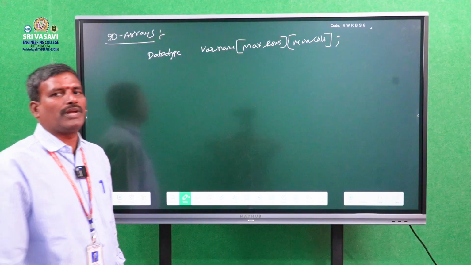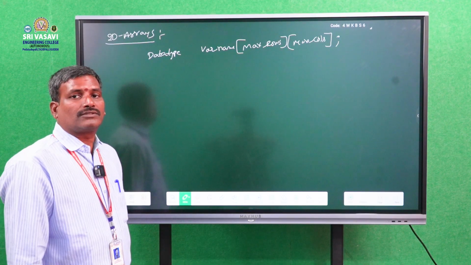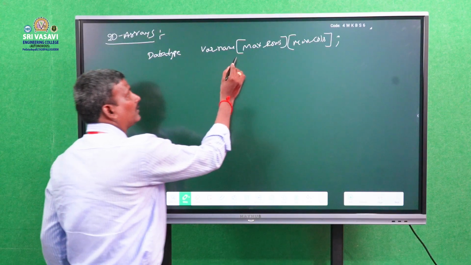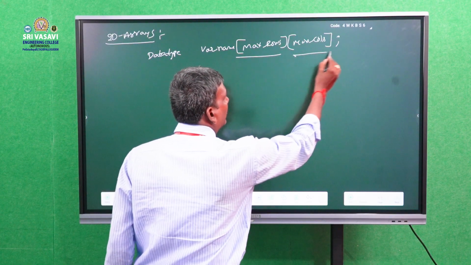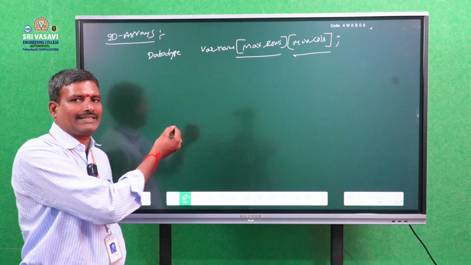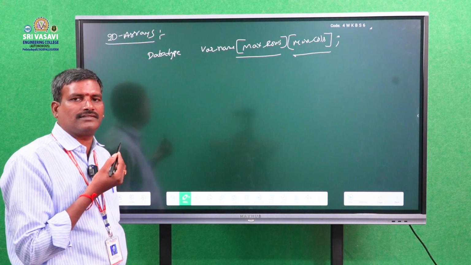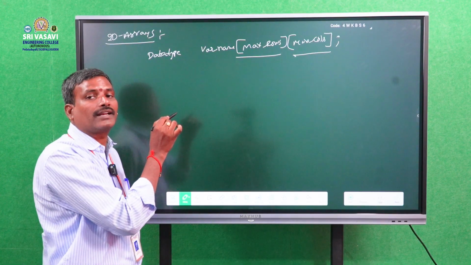Since a two-dimensional array is a collection of one-dimensional arrays, we use the maximum number of rows and then the maximum number of columns. An example of a two-dimensional array is a matrix.